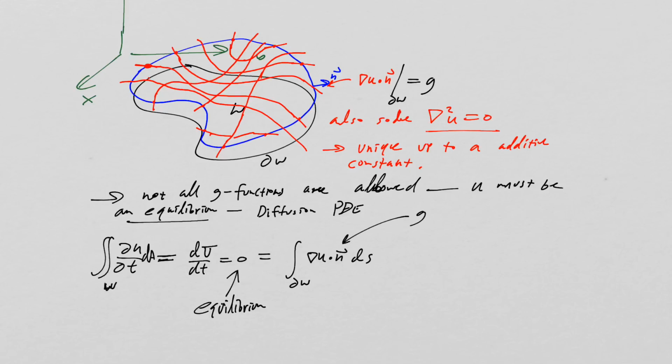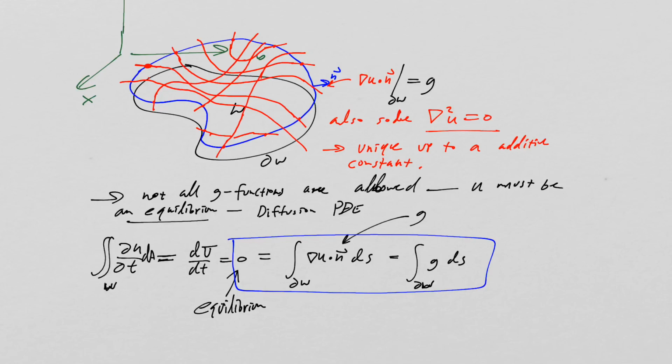Well, that's g right there. What that means, though, is we can see clearly that it must be that g, when you integrate it around the boundary, has to be equal to 0. So what we're saying here is only special g functions are allowed.